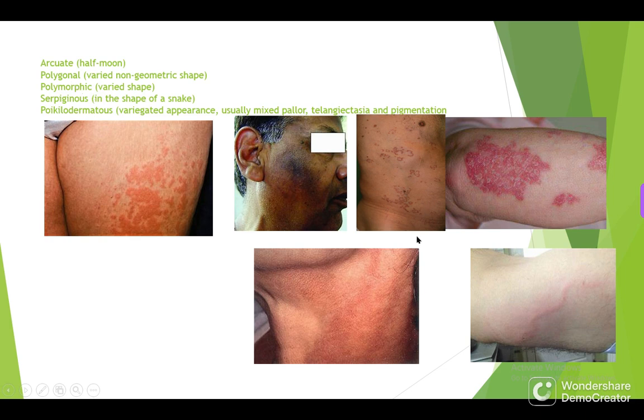So it may be polygonal, it may be polymorphic, varied shapes, it may be serpiginous, snake-like, or poikilodermatous, a variegated appearance with mixed pallor, telangiectasia, etc. As you see here, in one lesion all things are present: the appearance is variegated, and mixed pallor, telangiectasia, and pigmentation are seen. So these are the morphological types of plaques.